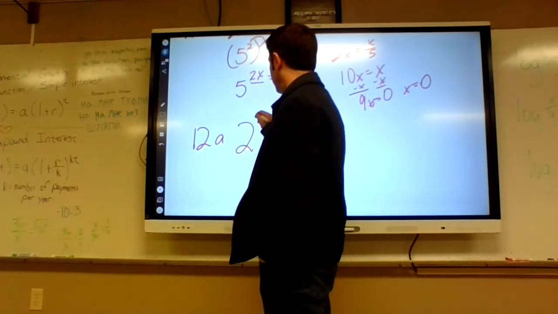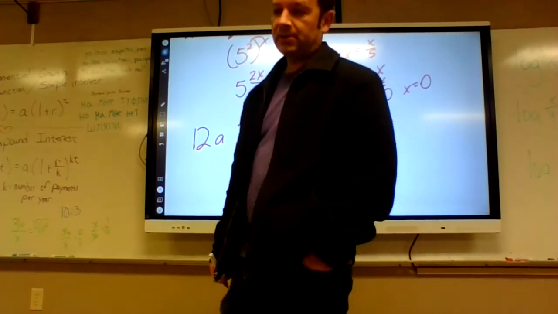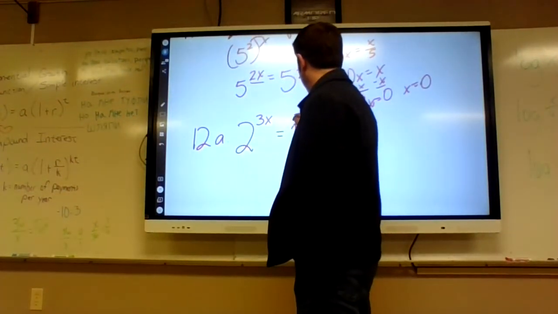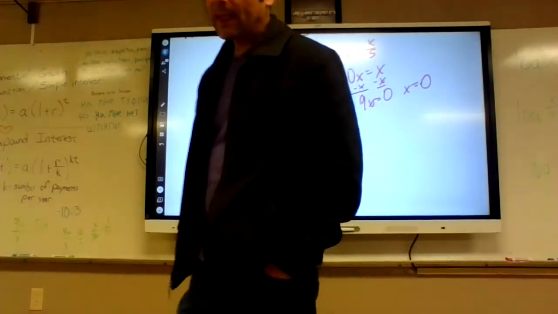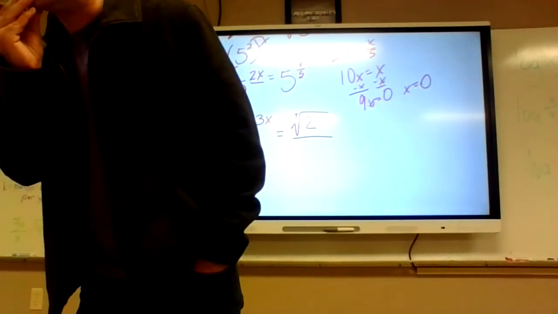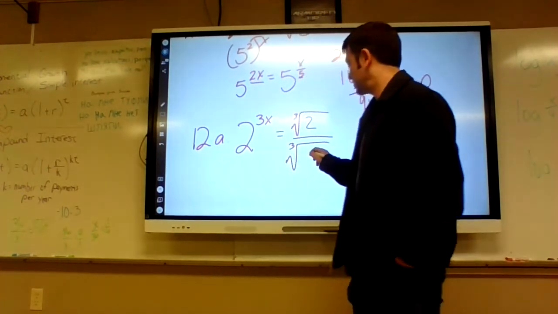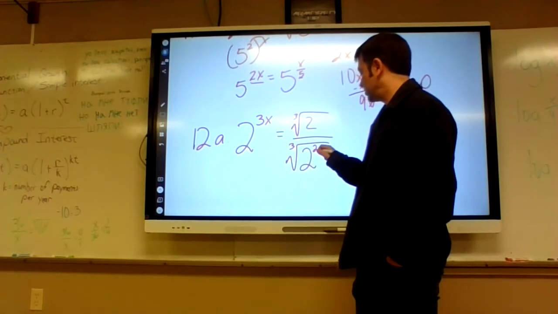So the left side I'll change to 2 to the 3x. And on the right side we have the cube root of 2, which I'll come back to. And on the bottom we have the cube root of 4 to the x, which I'll write as a power of 2 again. So 2 squared.